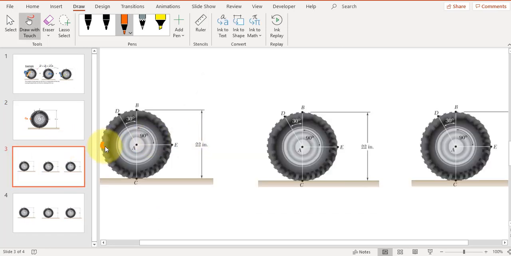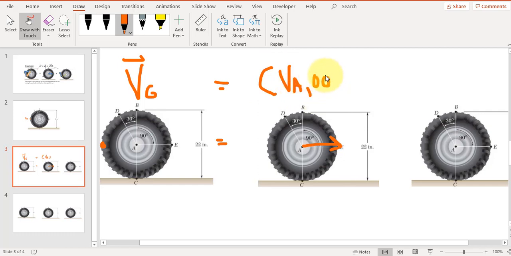So if we say the overall velocity of point G, and this is a vector, it's going to have X, Y, Z components. It is going to be a combination of the entire wheel going forward, so velocity of A, and this is going to be in the X direction, right?